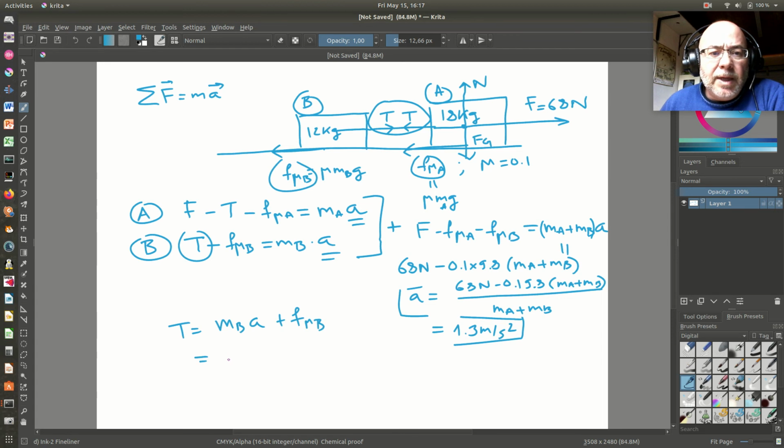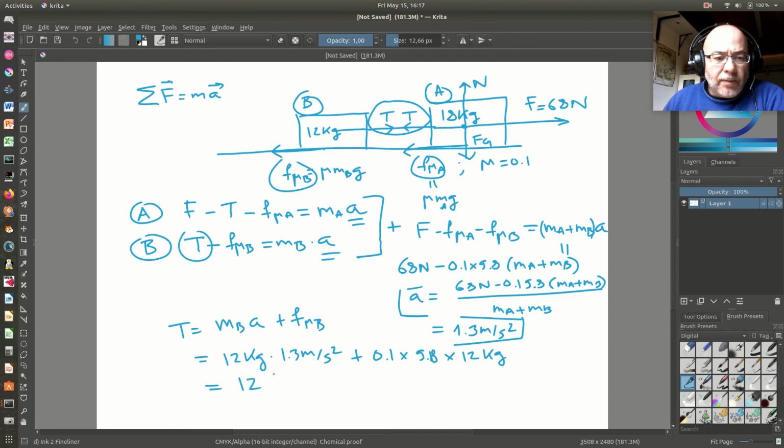Now we have everything. We have the mass of B, which is 12 kg, the acceleration 1.3 meters per square second, plus the friction 0.1 times 9.8, that's g, times the mass of block B, which is 12 kg, right? And I calculated this here.